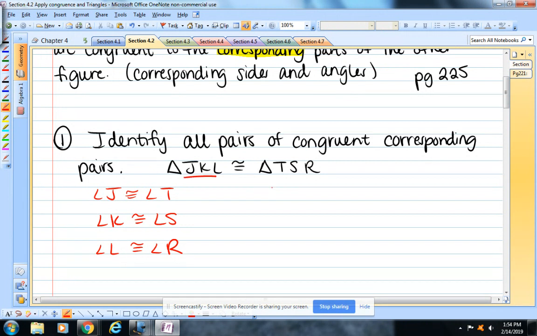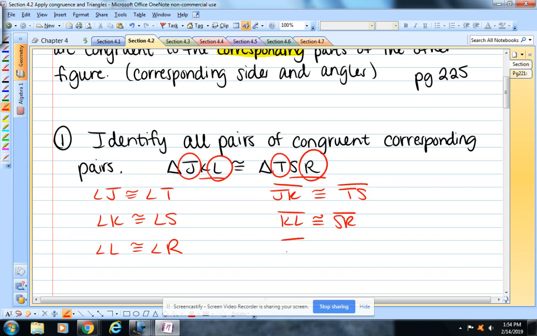Segment JK is congruent to what segment do you think? TS. All right? And then you put the last 2 together. KL is congruent to which segment do you think? SR. And then the first and the last goes with the first and the last.